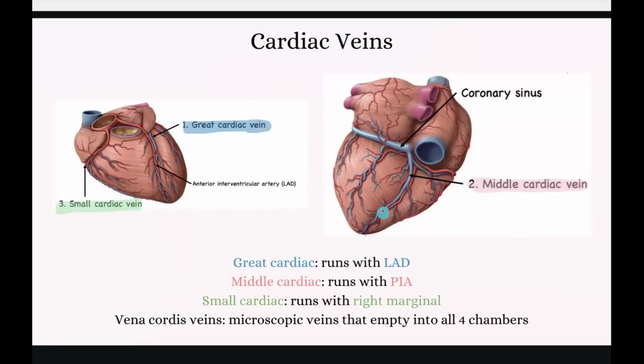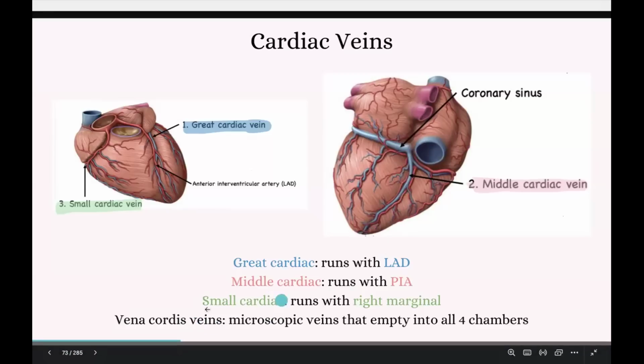Very important to know which artery it runs with, because they can easily point to it and ask you what is accompanying it. So this is the middle cardiac vein. And then the small cardiac vein runs with the right marginal artery. And all of them empty into the coronary sinus.